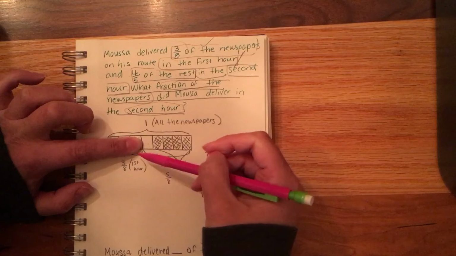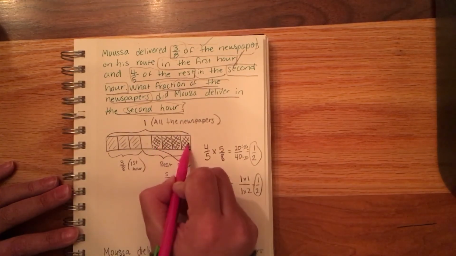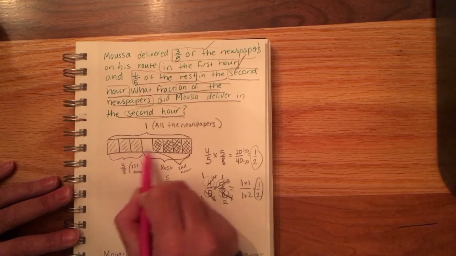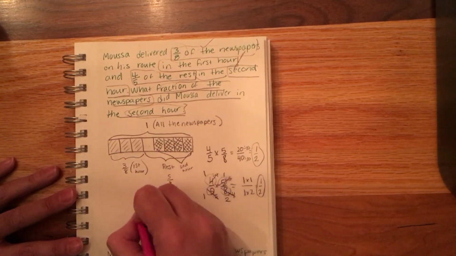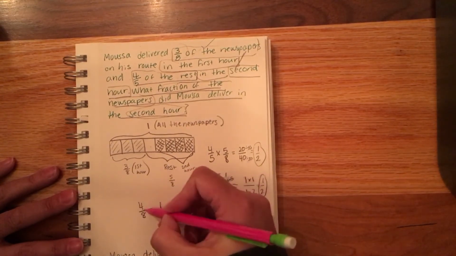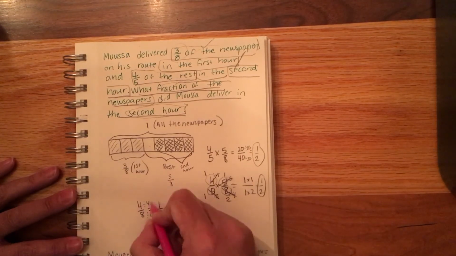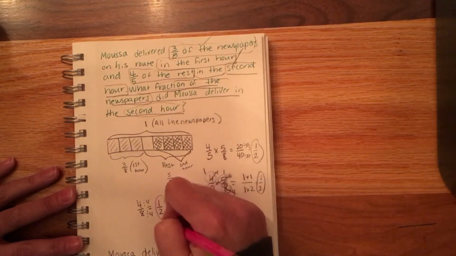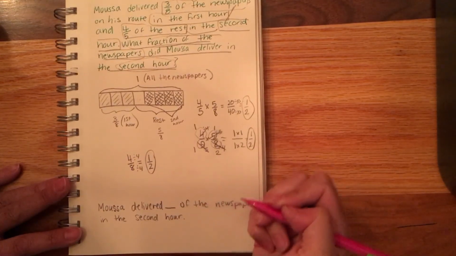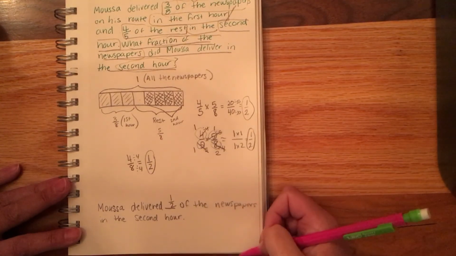But when I uncover what was delivered in the first hour, we see that the fraction that's double shaded here is 4 pieces out of 8 total pieces. And we know that 4/8 equals 1/2. 4 is half of 8. We can divide by 4 on the top, divide by 4 on the bottom to simplify 4/8 to be 1/2, which was the answer we got. So Musa delivered half of all the newspapers in the second hour.